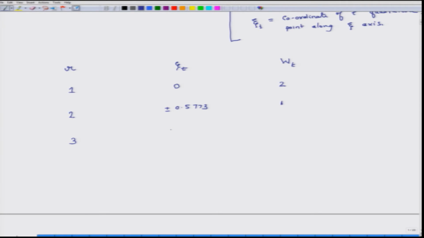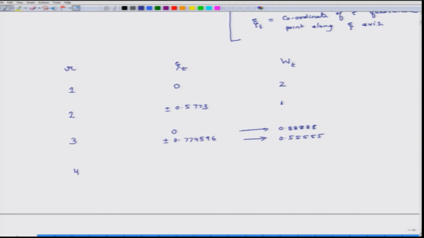If r is 3, then I will have 3 quadrature points. The first quadrature point will be located at zeta equals 0. The second and third quadrature points will be located at zeta equals plus minus 0.774596, and the weight associated with 0 is 0.8888, and weight associated with the other 2 points is 0.55555.